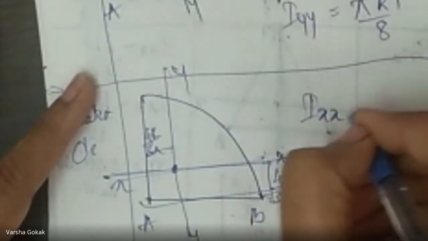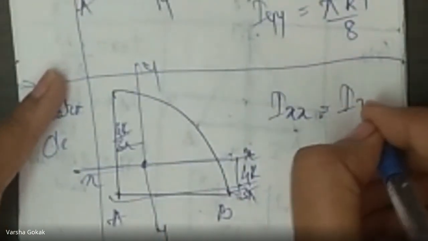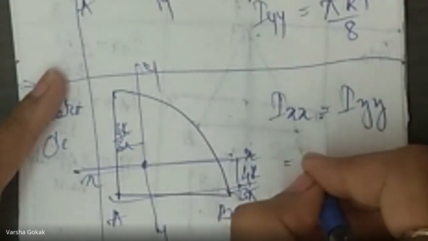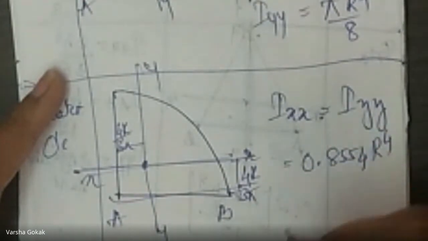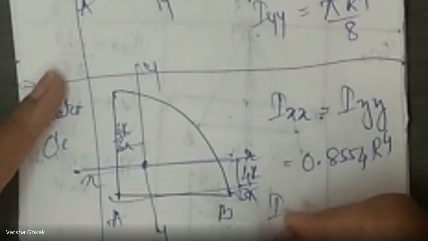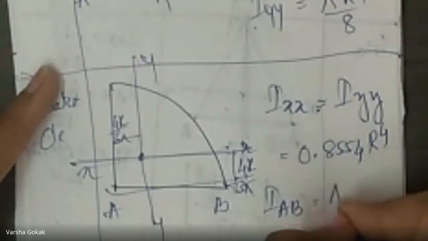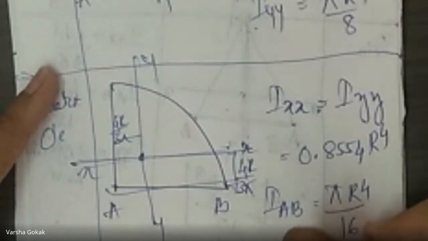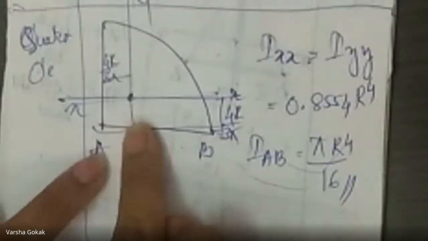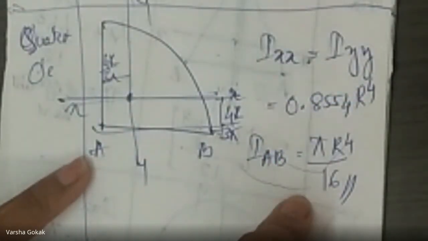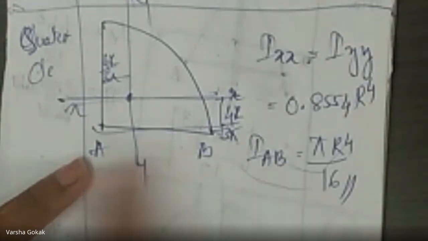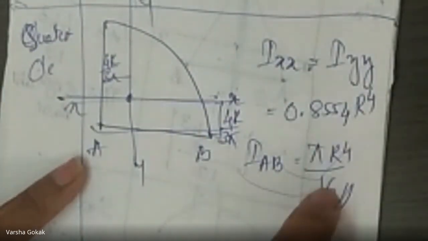So in this case, for a quarter circle, Ixx is going to be equal to Iyy, which is 0.0549 r raised to 4. Okay, and IAB about the base is pi r raised to 4 by 16. So I want you to try this. For this, limits change. So try and see what answer you will get. These are the formulae for Ixx and IAB in case of a quarter circle.